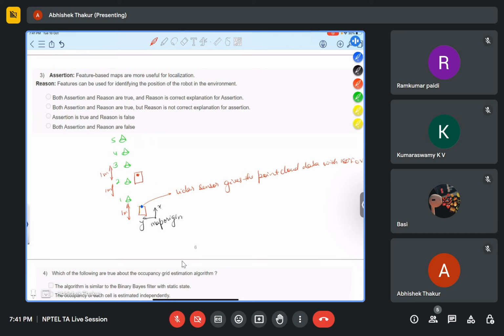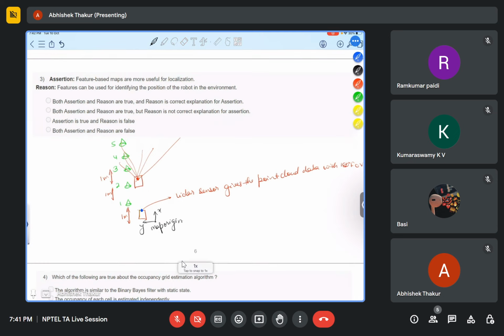So it can detect cones 1, 2, and 3 in the 180-degree field of view. The second cone will not come. So we can easily say we are in between the second and third cone.